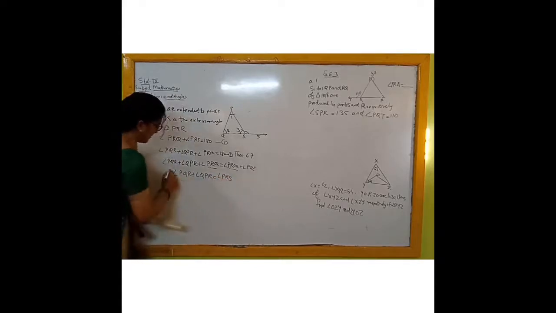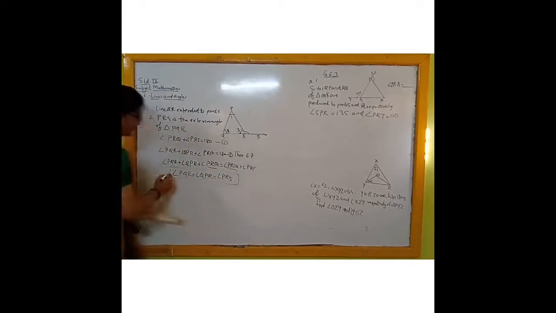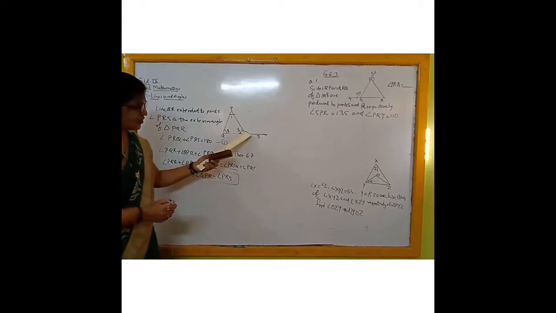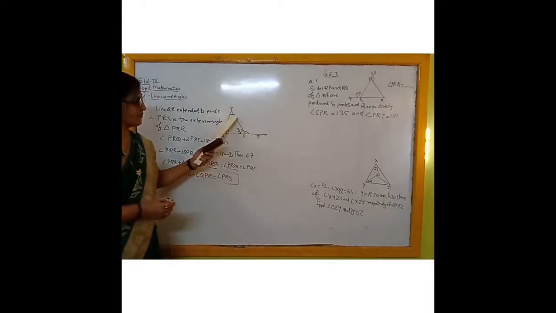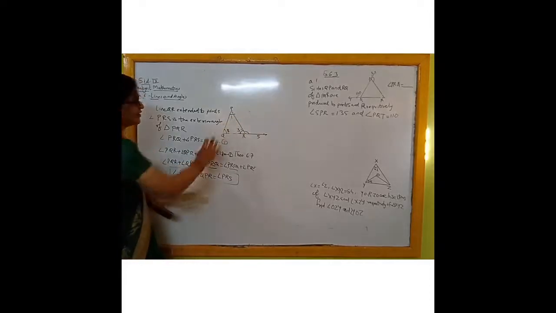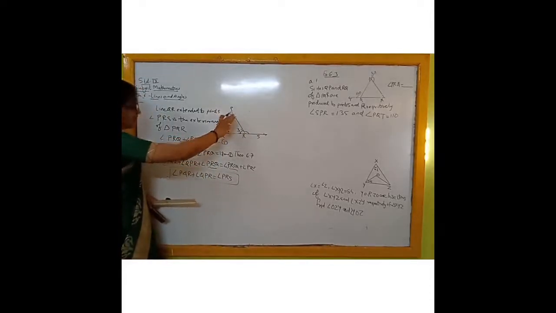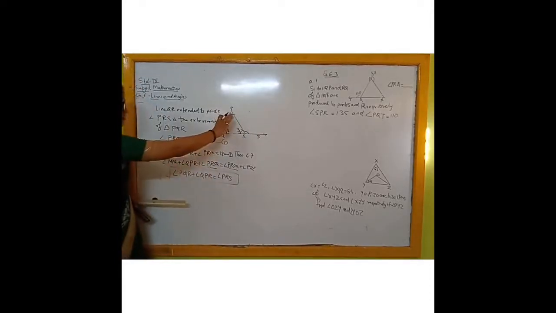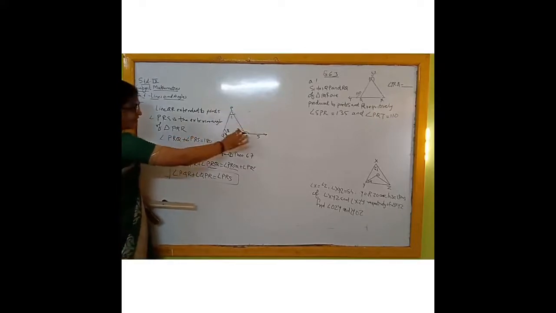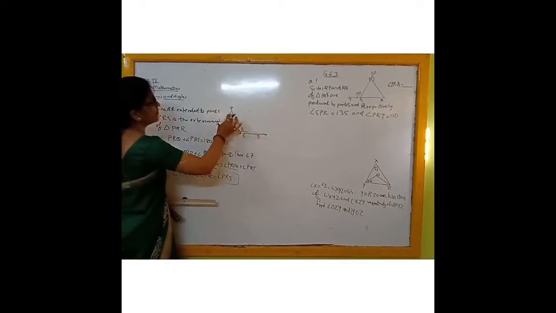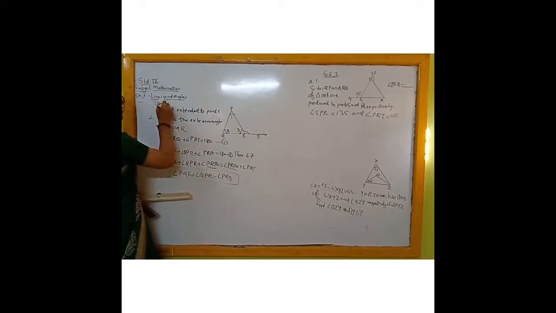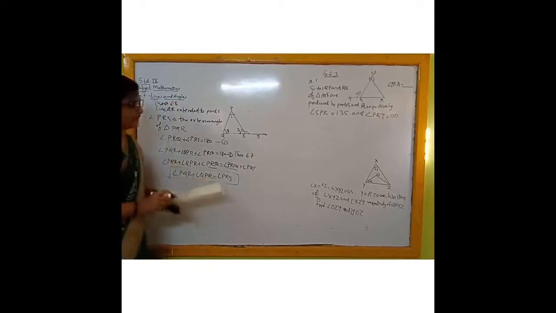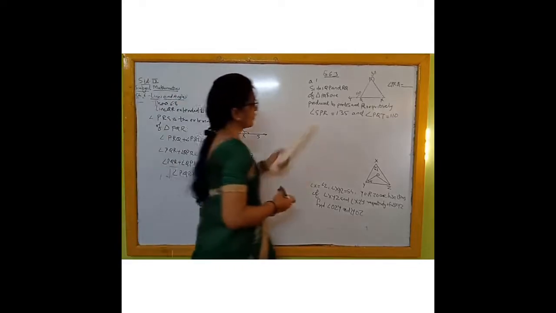So from this we can say that the measure of the exterior angle of a triangle is equal to the sum of the measures of the interior opposite angles, that is angle 1 plus angle 2. The measure of this exterior angle PRS is equal to the sum of the measures of the interior opposite angles. So this is the proof of theorem 6.8.